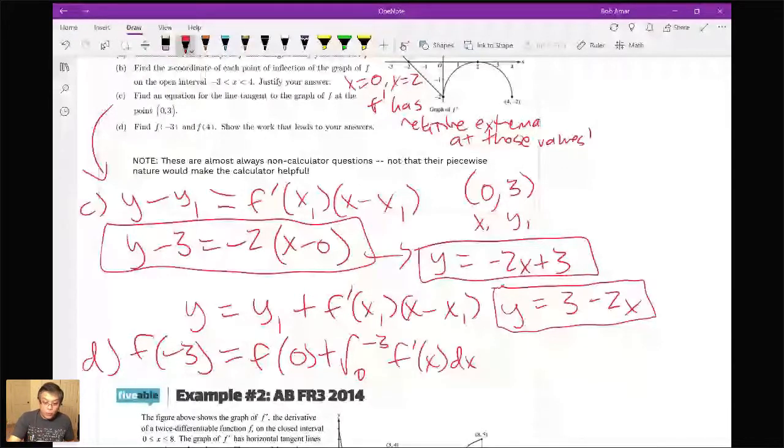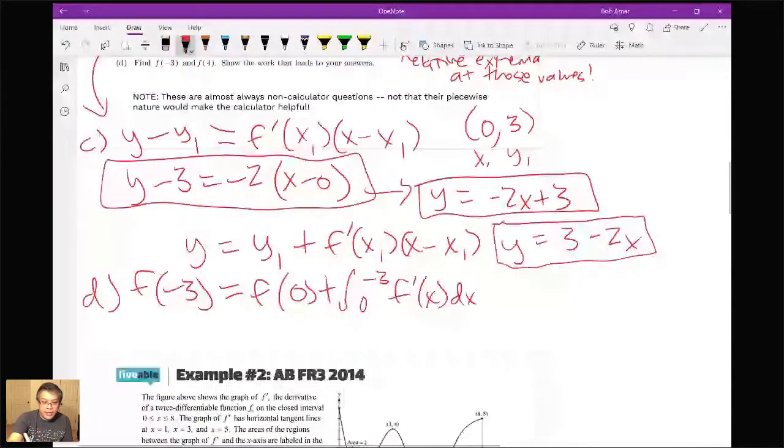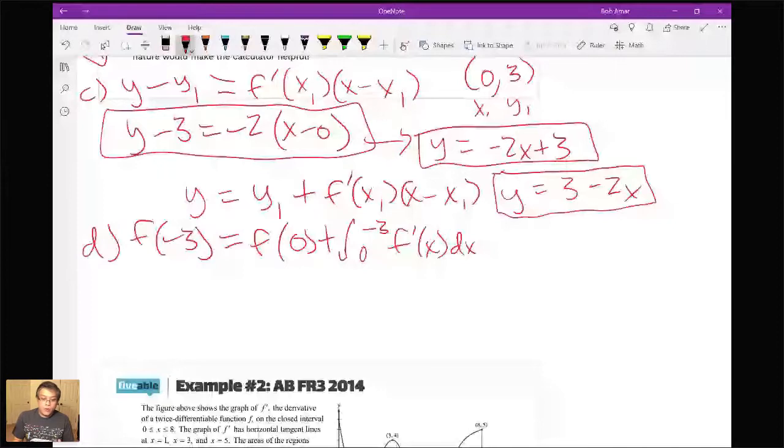I actually really like writing integrals backwards like this because it reminds me of what to do. I think this is my preference. Again, I think of this as the accumulator way of doing these kinds of problems. It's like if I know how f changes and I know where I started, then all I need to do is integrate to figure out where I end up.